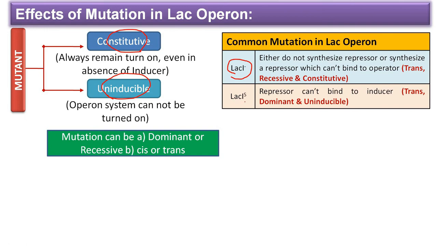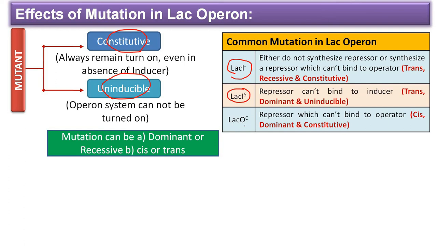The second is Lac IS mutation. In case of this, the repressor cannot bind to inducer. Means from the regulator gene, repressor protein will be synthesized, but it cannot bind to the inducer, that is allolactose. Third one is Lac O, that is mutation occurs in the operator gene.